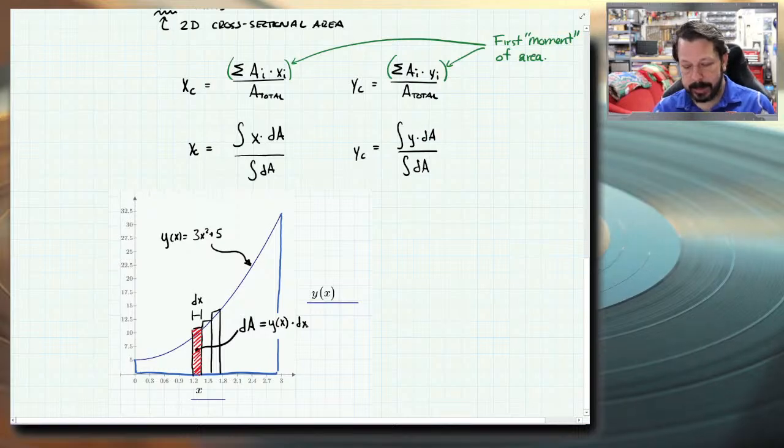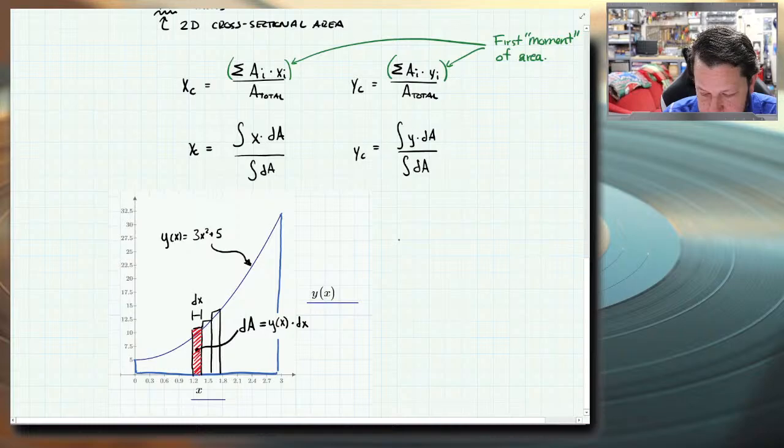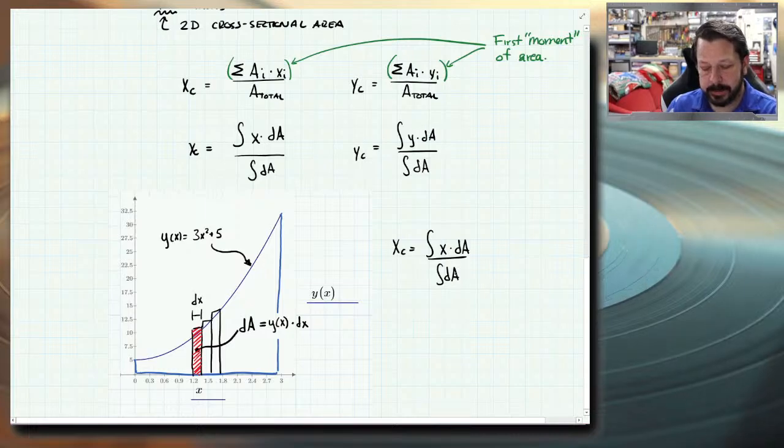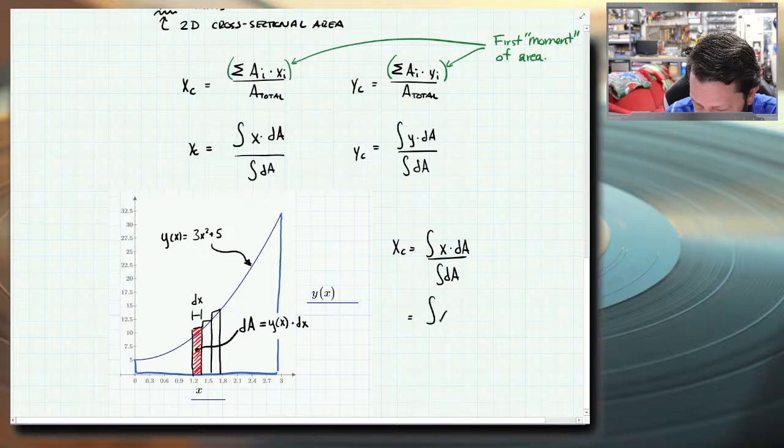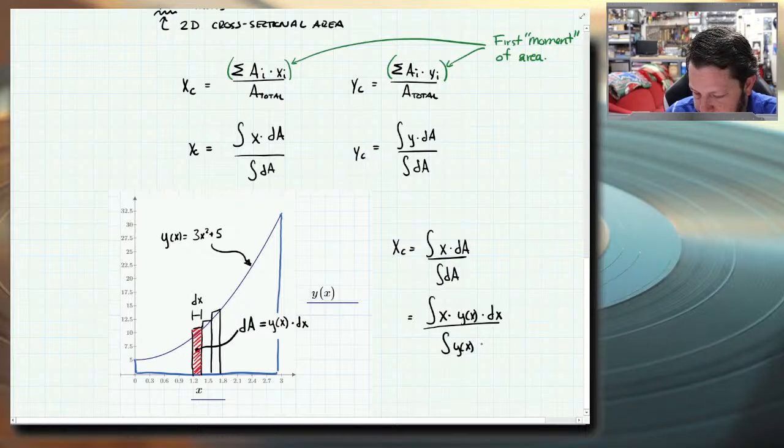So taking that, I can look at my equation. Let's just do x sub c. x sub c equals the integral of x times dA over the integral of dA. But I just said that dA is y of x times dx. So x times dA is x y of x dx, over the integral of dA, where dA is y of x dx.